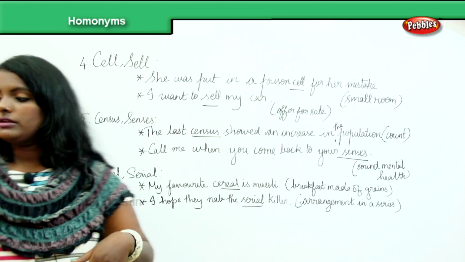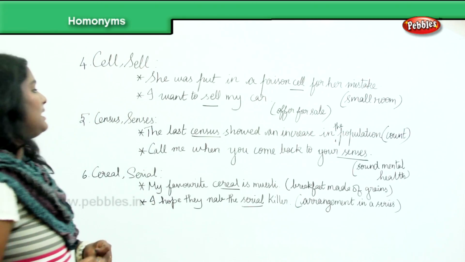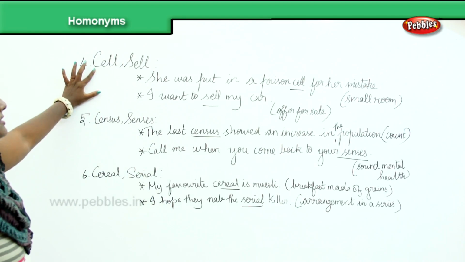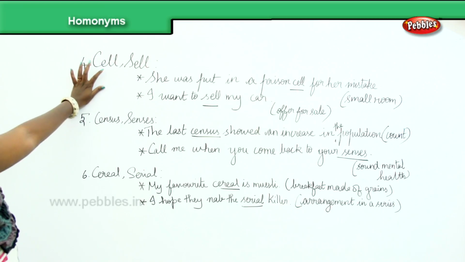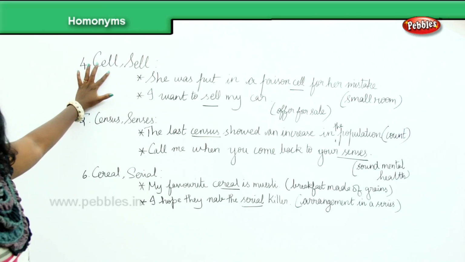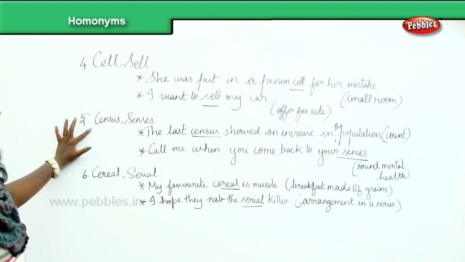Let's go through all the three homophones once again. Cell and cell. C-E-L-L means a small room, whereas S-E-L-L, sell, means to sell something, an offer to sell. Census and census.